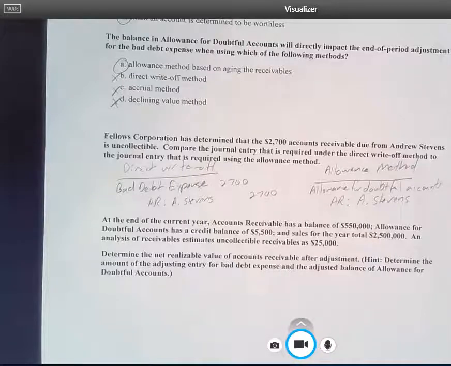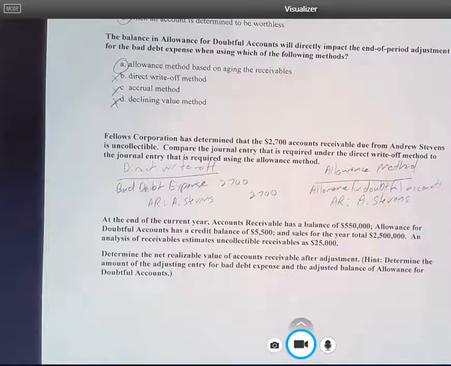An analysis of receivables estimates uncollectible receivables as $25,000. Determine the net realizable value of accounts receivable after adjustment. Hint, determine the amount of the adjusting entry for bad debt expense and the adjusted balance for allowance for doubtful accounts. Okay, well, I don't think that's a very good hint, quite honestly.